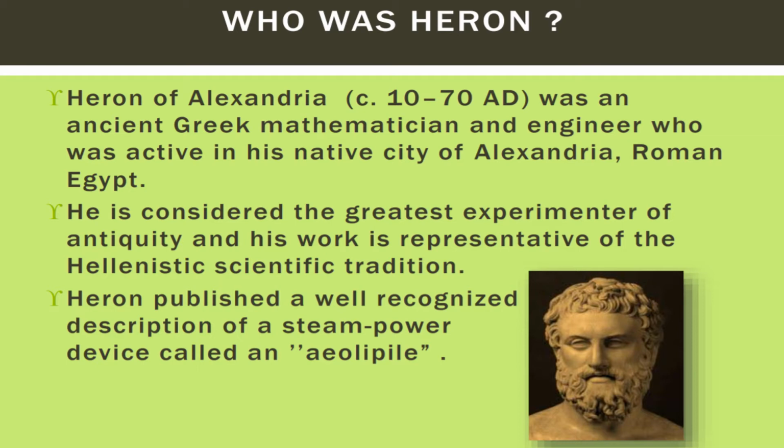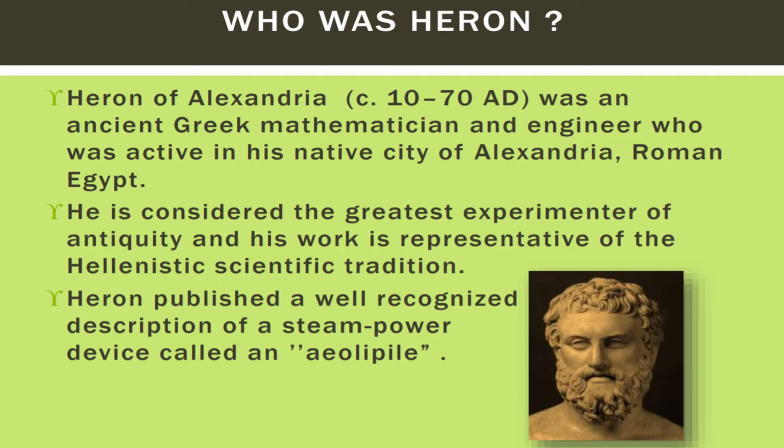Who was Heron? Heron of Alexandria, 10 to 70 AD, was an ancient Greek mathematician and engineer who was active in his native city of Alexandria, Roman Egypt. Okay, my children.